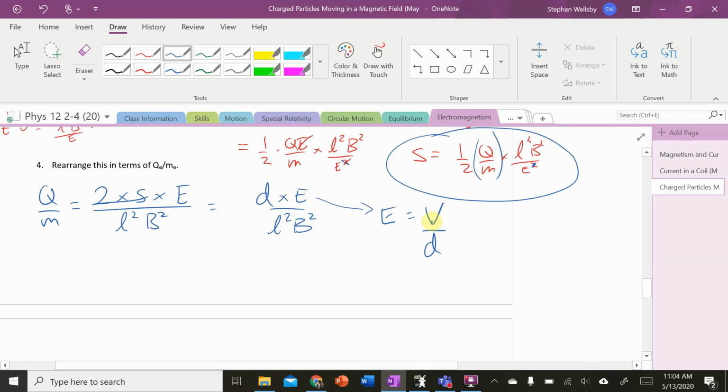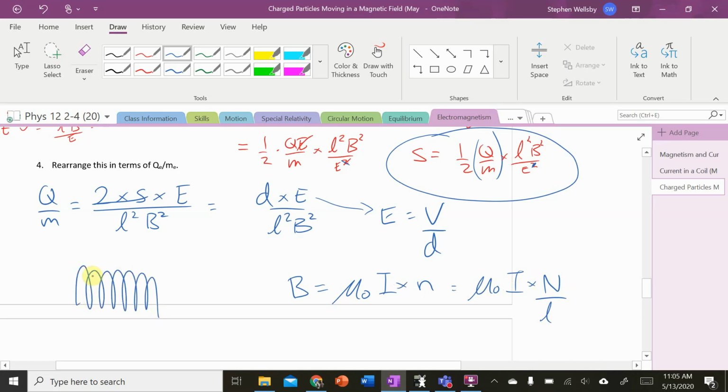He can measure L, he can measure V, he can measure D, and B he'd be able to measure as well. Remember, he's using a coil, and our formula for the coil is mu naught times I times little n. And remember that little n is equal to the total number of coils divided by the length of the coil. So for example, if I've got 1, 2, 3, 4, I got 7 coils.